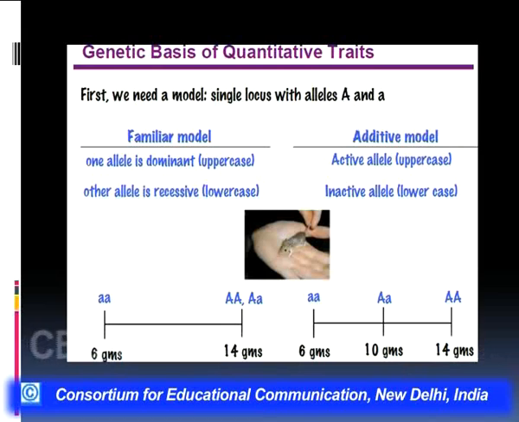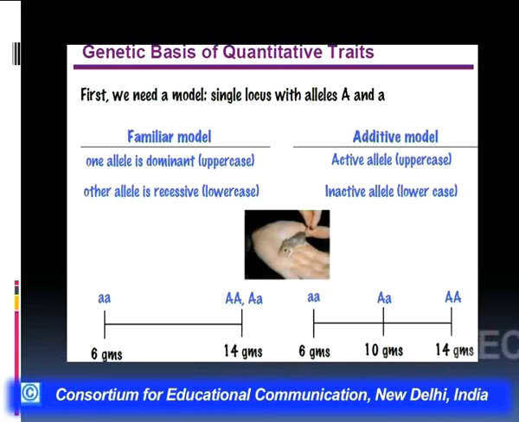For example, here we take the example of the baby mice. The mouse is recessive for a particular character, its weight is 6 grams. The dominant one, now whether it is homozygous dominant or heterozygous, regardless, it is 14 grams. So, that means this is entirely different to what we are studying today, and that is the additive model.